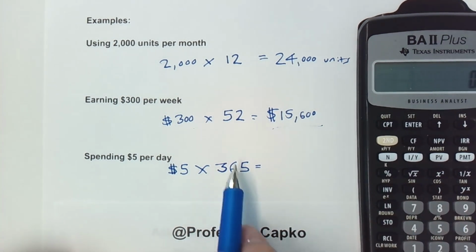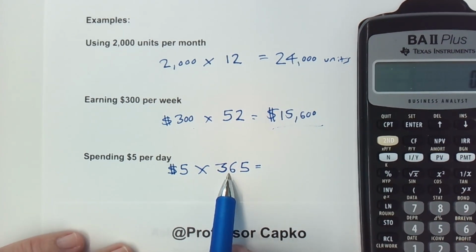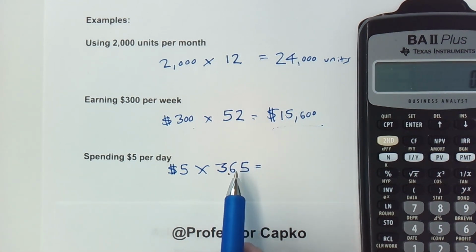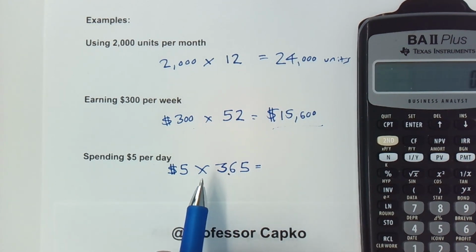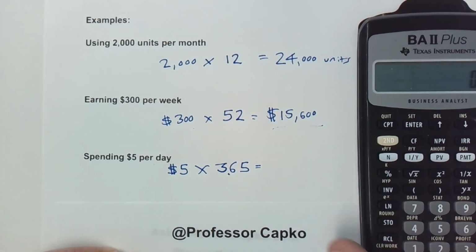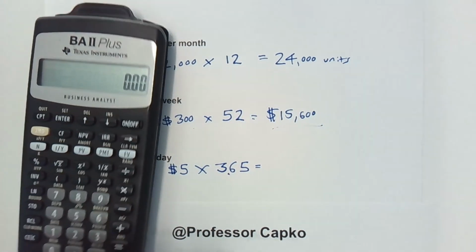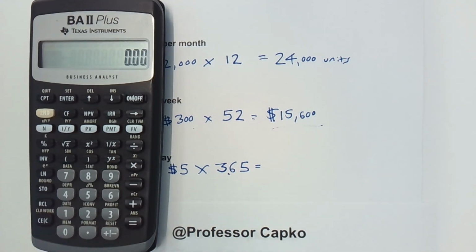You may want to check, of course, sometimes a problem or a convention will say we're going to use a 360-day convention, then you would use 360 instead of 365. Sometimes they do that in calculating interest for various reasons, but in this case, it has not told us to do that, so we're going to go with the normal 365 days in a year.